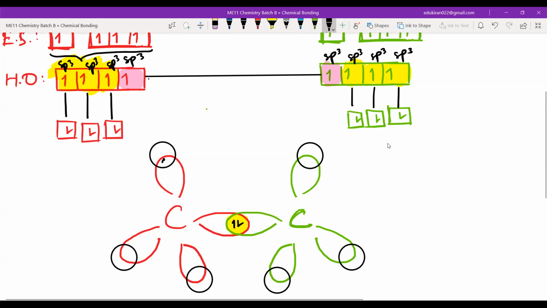They all have 1 electron each. Hydrogen. All these are sp3.